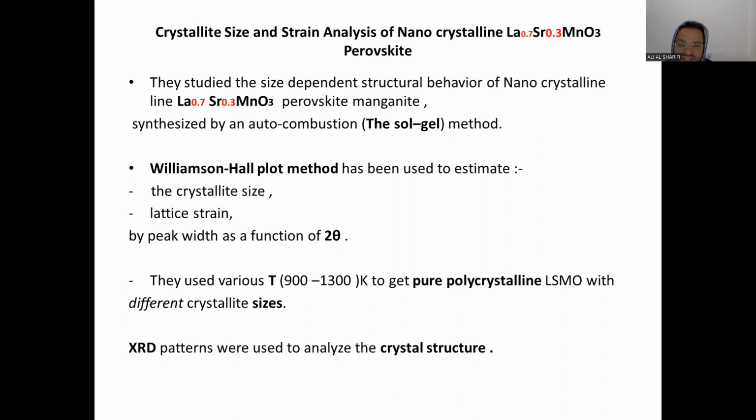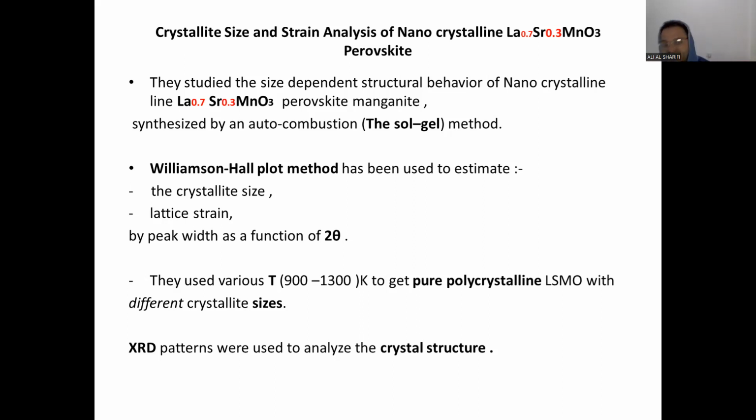They used various temperatures, started from 900 and finished with 1300 Kelvin, to get pure polycrystalline lanthanum strontium manganese oxide with different crystallite sizes.